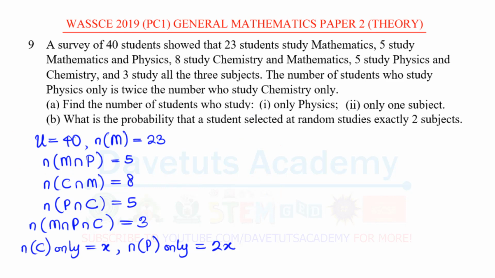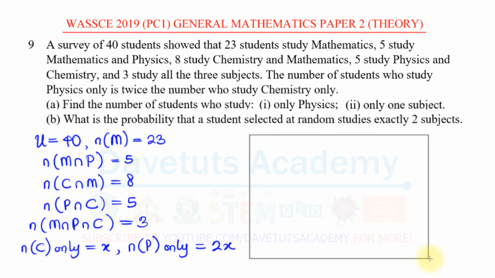are given. So we can now say we want to go ahead to draw our Venn diagram. Okay, so to draw a Venn diagram, let's use a rectangular box for the universal set, and then you can go ahead to put in the information for all these that we have.